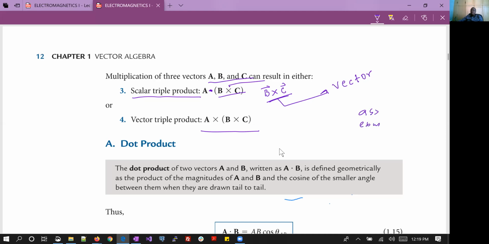And we'll see that they do not necessarily follow, as we found out in the addition and subtraction. So we are going to be looking at distribution laws, whether the multiplication of vectors follows that, or whether the multiplication follows the association and the commutation. So we start with the first one, dot product.